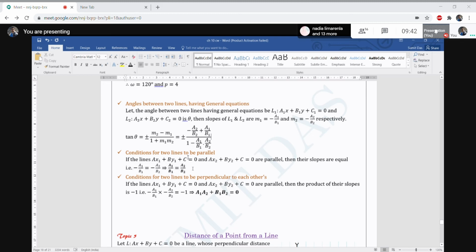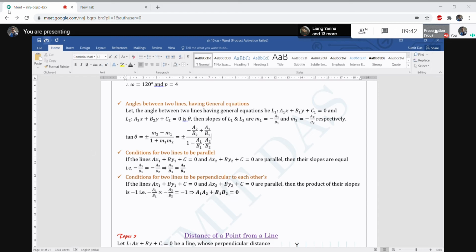Now what is the condition for two lines to be perpendicular to each other? When the product of their slopes is minus 1. When the product of their slopes is minus 1, right? So you can see, their slopes multiplied equal to minus 1, then this is the relation we get: a1 a2 plus b1 b2 equal to 0.